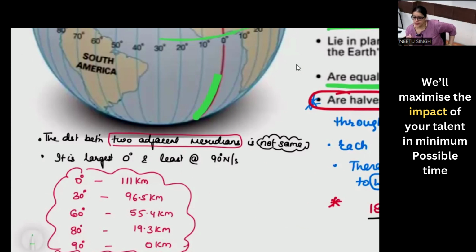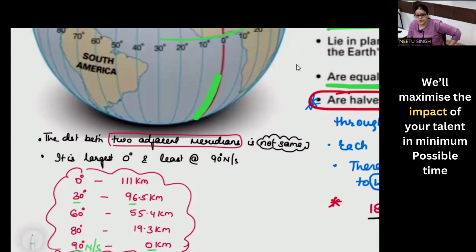At 0 degrees, thus, every meridian has 111 kilometers of distance with them, as we have that were parallels. And the distance between them is decreasing. So carefully see. It is decreasing to become 0 kilometers at 90 degrees north and south. I think this is clearly evident.